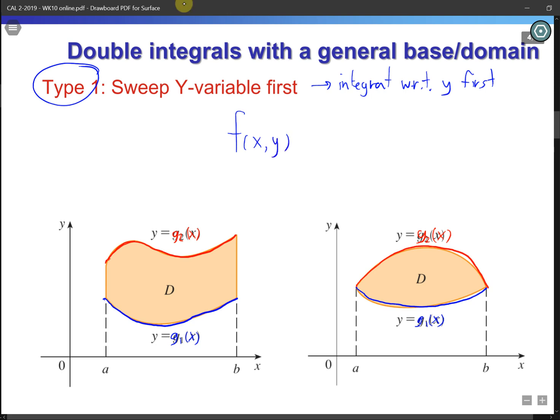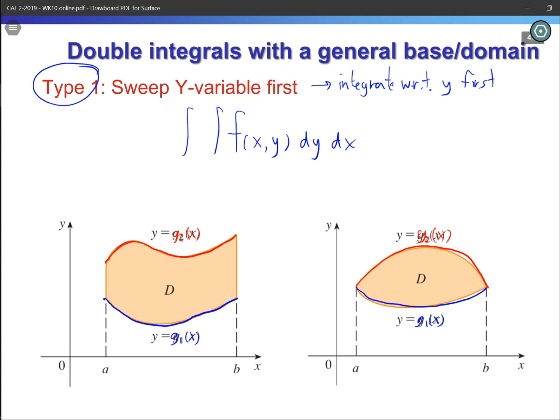You need to integrate this with respect to y first, and then followed by x. This is the starting point, but then we need to specify the boundaries for this region.